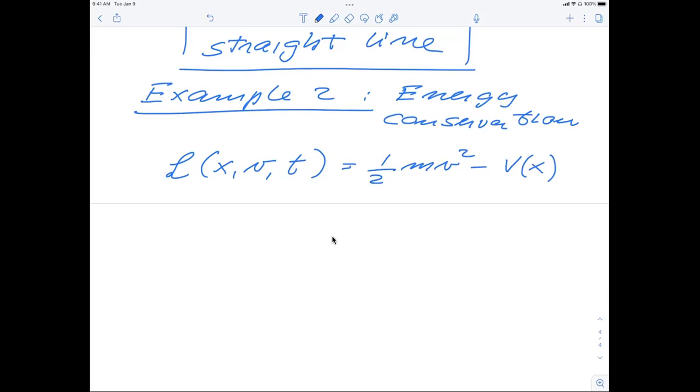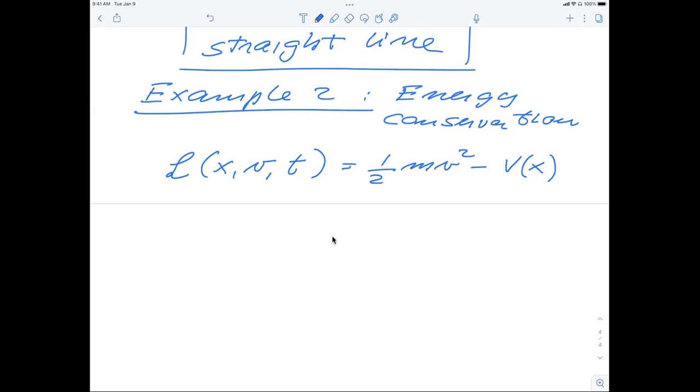So here we've made an important assumption that the potential itself depends only on the position. And we know already that if we have a position-dependent potential, normally, if the curl is 0, we should get something which conserves energy.